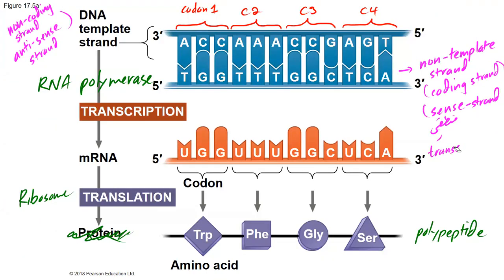Or the one that is used as a template could be called the template strand, non-coding strand, or antisense strand. All right. So a particular gene could be transcribed from the top strand or the bottom strand, but always from the same strand.